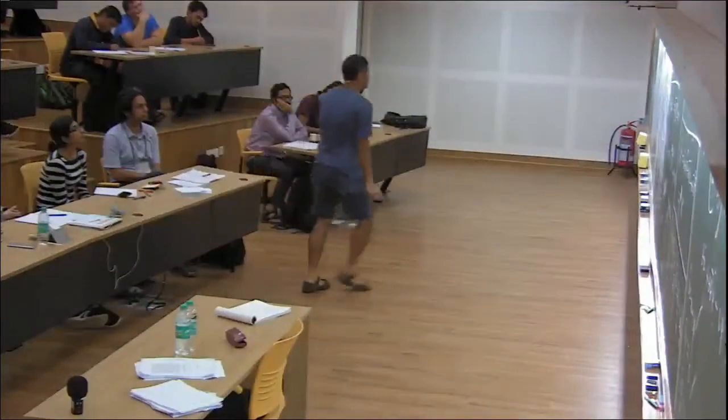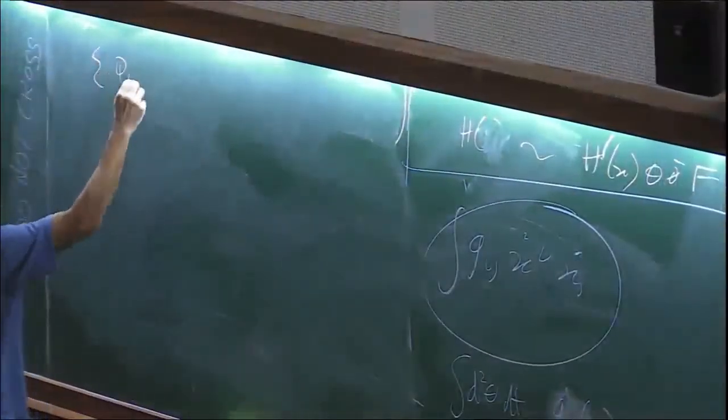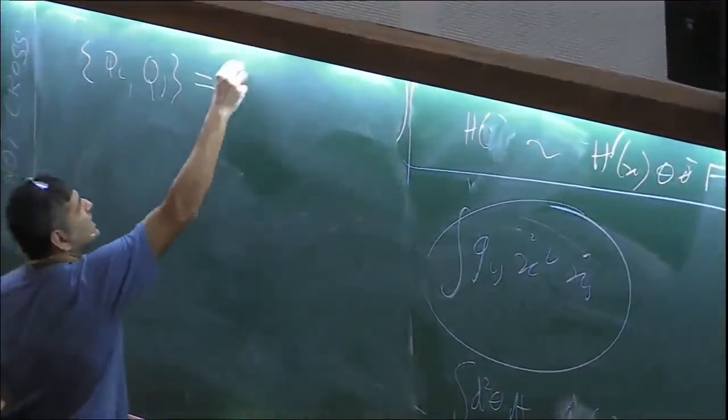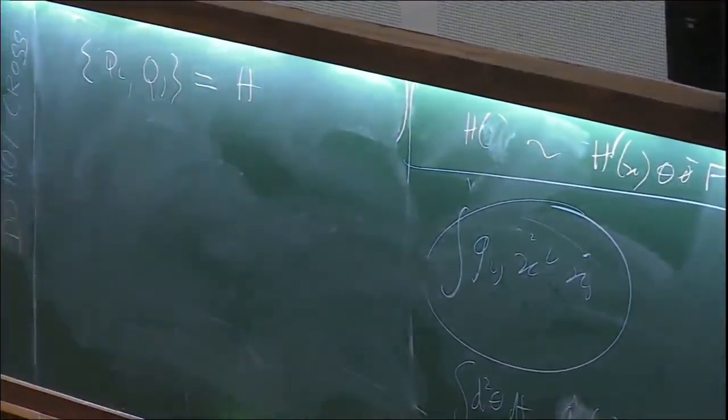Let me remind you, the quantum mechanics supersymmetry algebra was {Q_i, Q_j} = H. At first you might think this is very pretty, but it clearly is restricted to quantum mechanics. Because what do you mean by H?